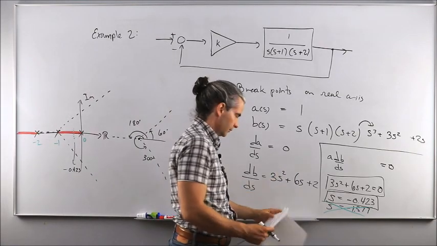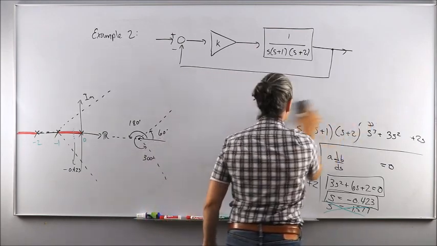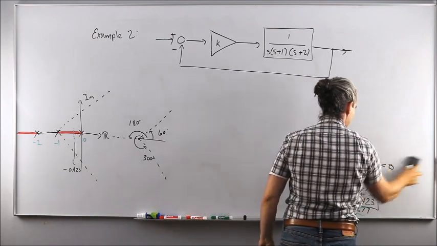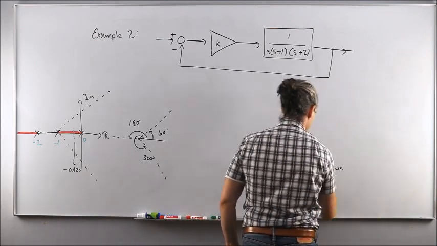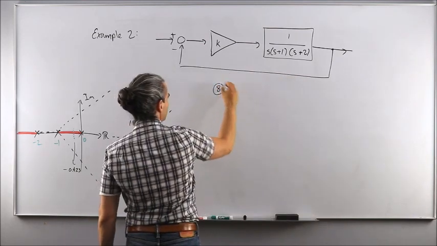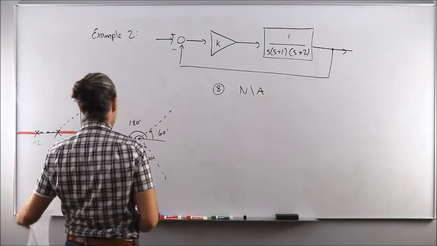Cool. Step 8. Departure, arrival angles for any complex zeros and or complex poles. Look at what we have. I'm going to say not applicable because we don't have any complex poles or zeros.